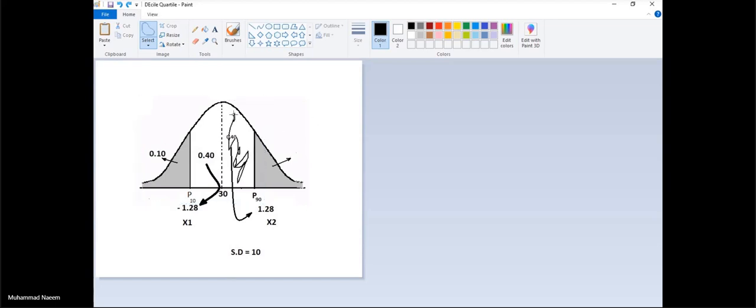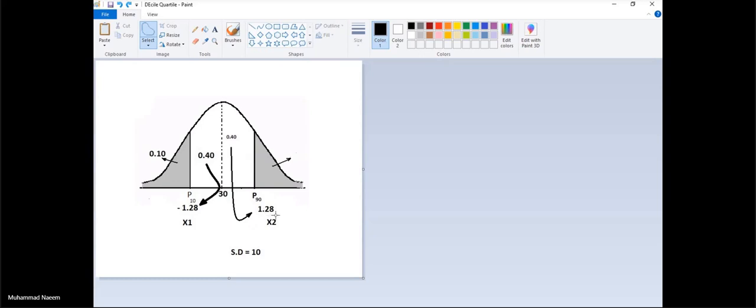This area is again 0.4. So tracing out the area 0.4 exactly, we may have exactly 0.4. If it is not, then consider the nearest one, which is closer to 0.4. So find the corresponding point, which is again 1.28.